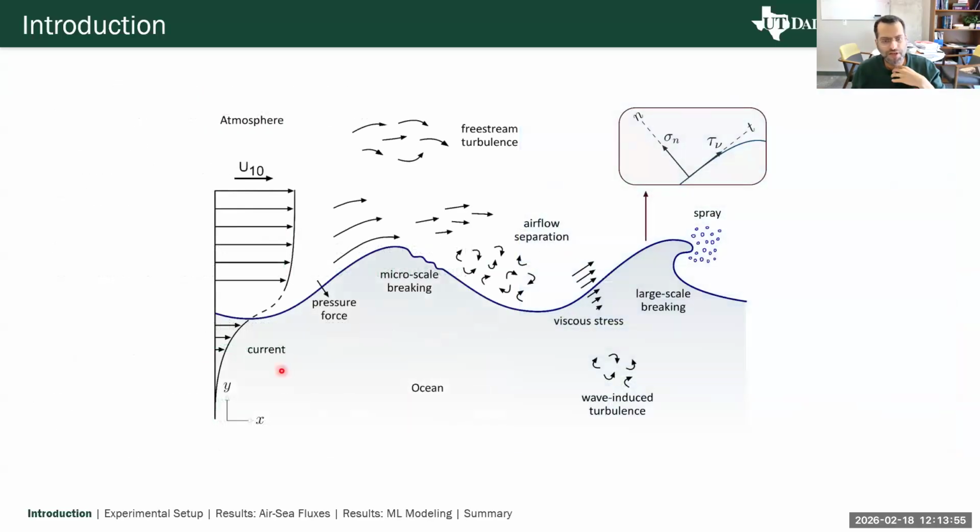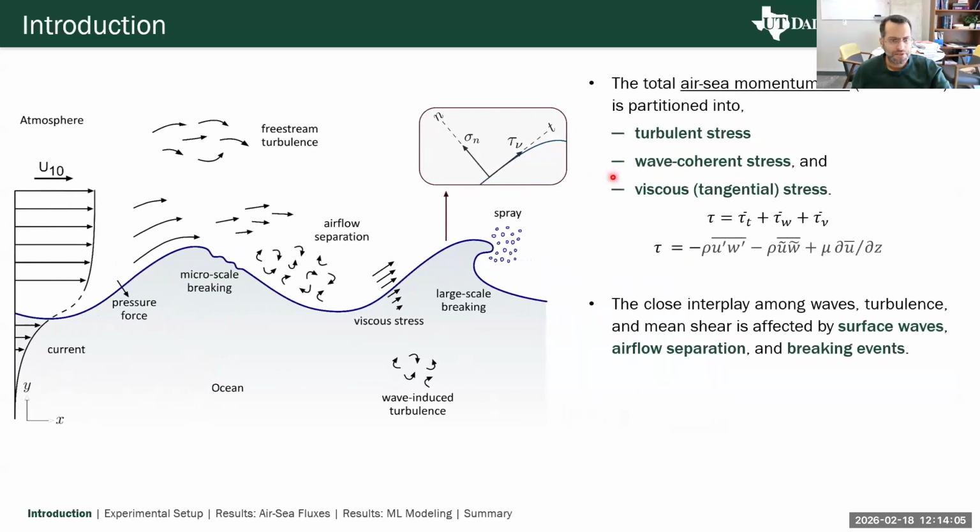As I mentioned, when waves are present at the surface of the ocean, there is a very complex interaction among the mean flow, turbulence, and the wave coherent flow. In the boundary layer, this causes the total momentum to be partitioned into a mean shear, a turbulent, and a wave component. There is a very close interaction here that causes different processes to happen at the same time.